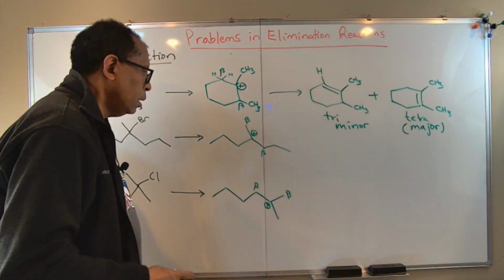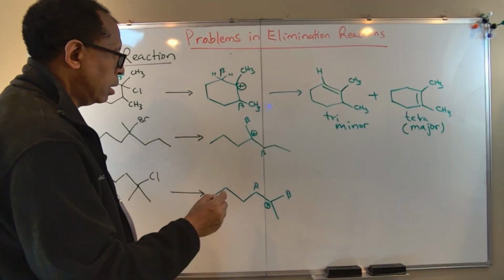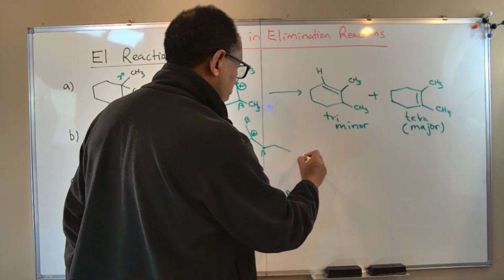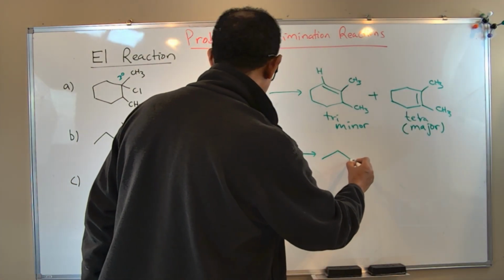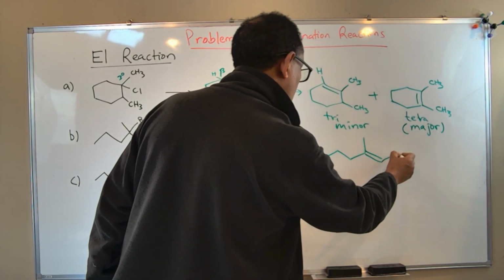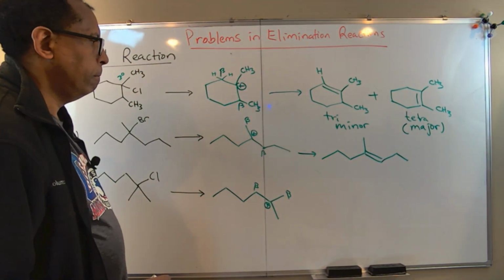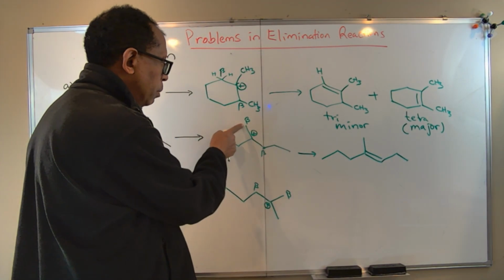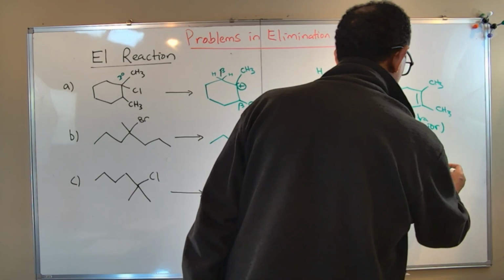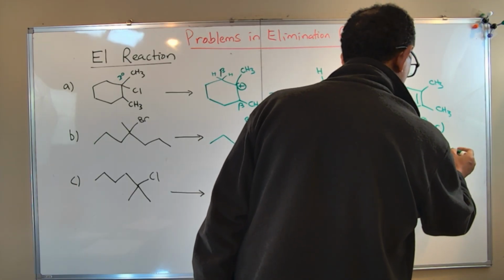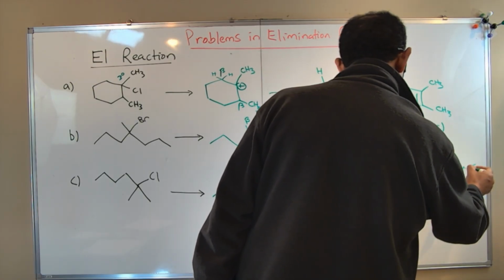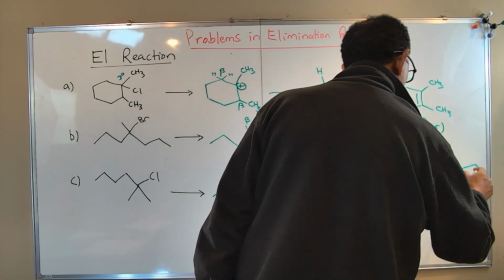Okay? Okay, let's continue on this one. Eliminating from this beta carbon should give me that product. And also, if I eliminate from this one, it should give me that, right?